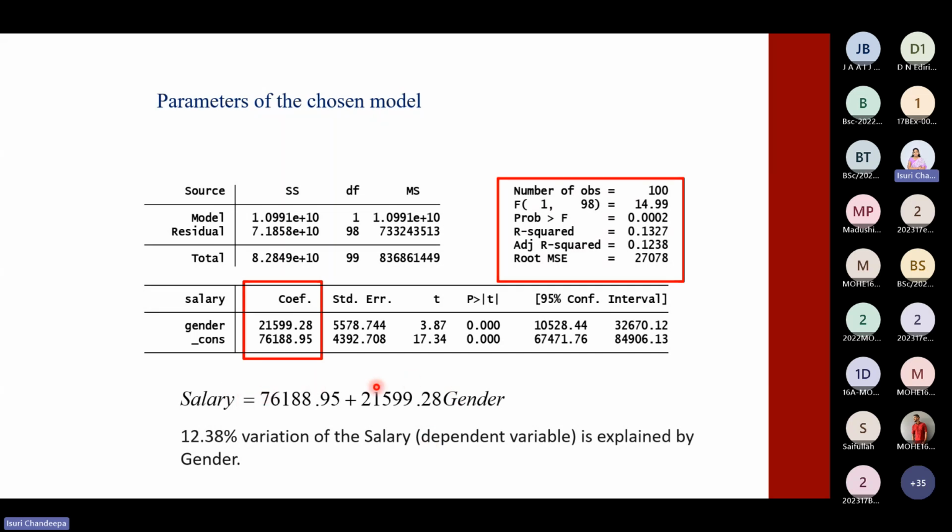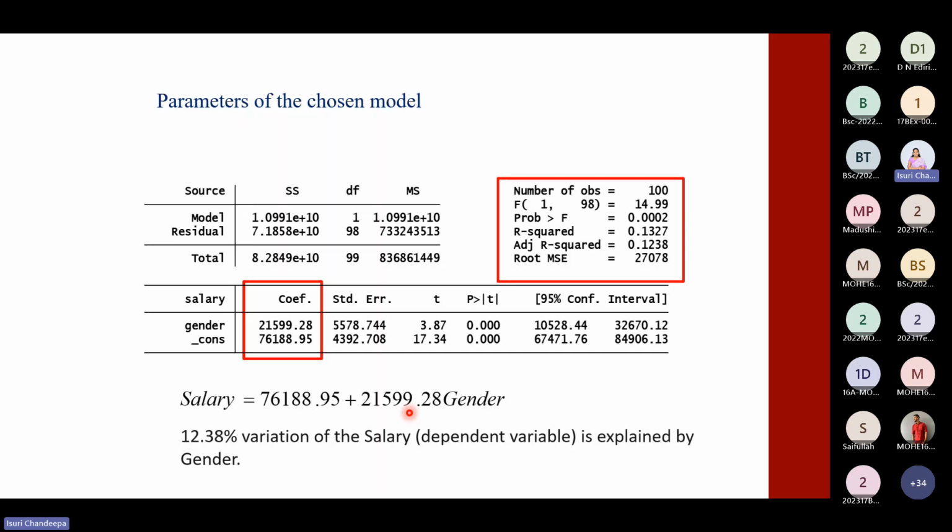Salary will be changed by 21,599.28. So the constant, in the sense of unidentified factors in the model, reflects this 76,188.95.